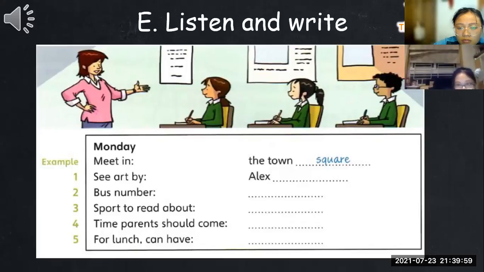Yes. We can meet at the town square. Can you see the answer? Now you listen and write. We can see some art by Alex Marks at the museum. Can you spell that for us? Yes, it's Marks.